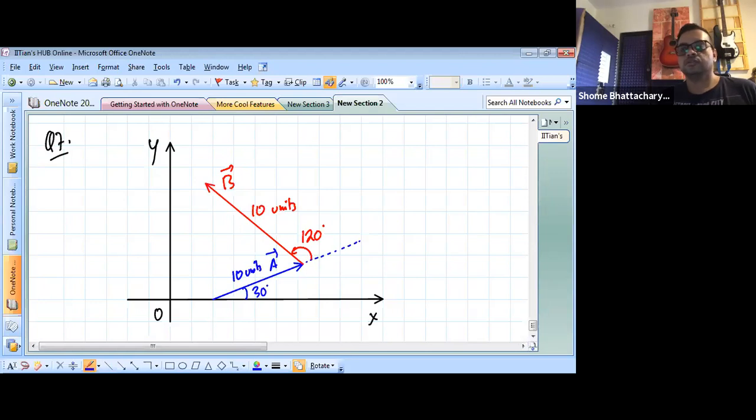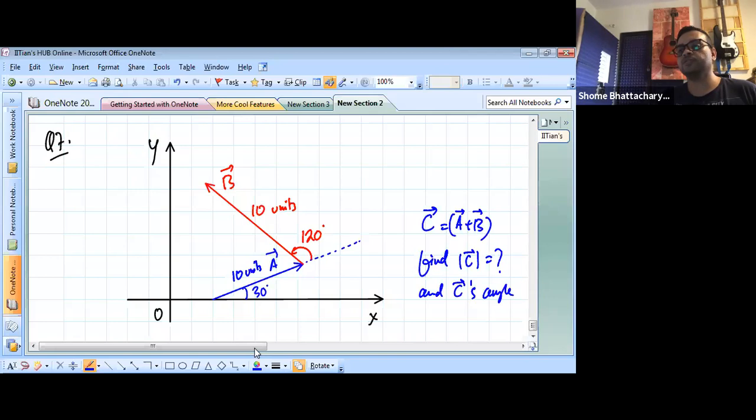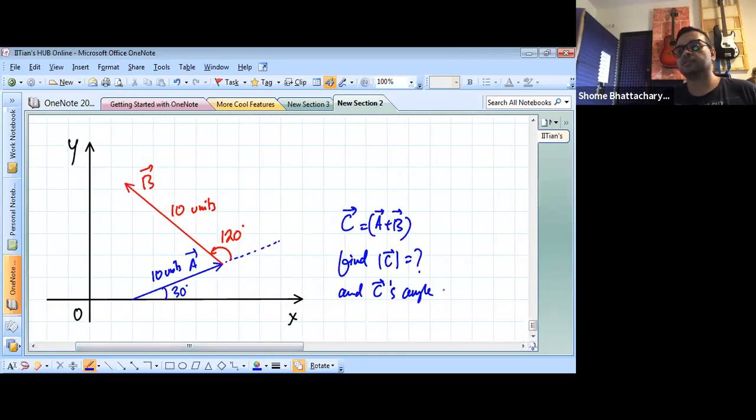Now we have to find the resultant, and what angle it is making with the x-axis. So C is equal to the sum of A plus B. We have to find the magnitude of the vector C and its angle with respect to the x-axis, not with respect to A, but with respect to the x-axis.